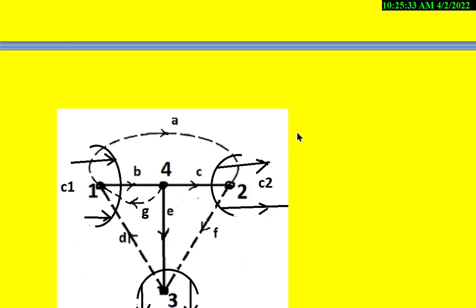So let us take a tree for the given oriented graph. A tree means it is a graph which connects all the nodes without forming a closed loop.